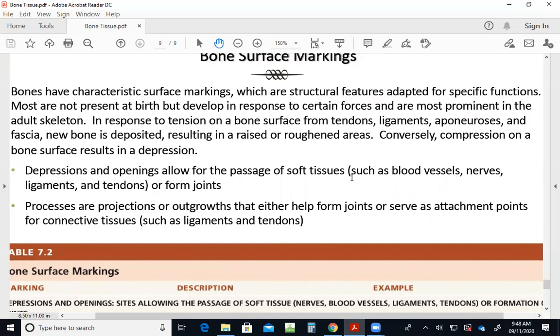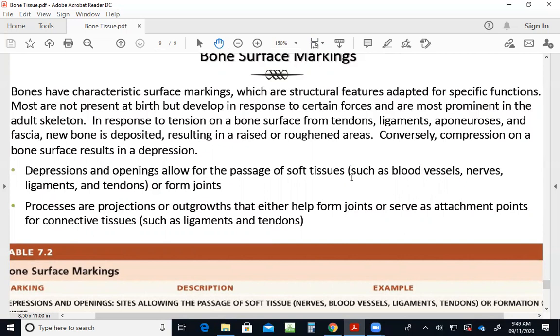Bones have characteristic surface markings, structural features adapted for specific functions. Most are not present at birth, but develop in response to certain forces and are most prominent in our adult skeleton. In response to tension on a bone surface from tendons, ligaments, aponeuroses, and fascia, new bone is deposited, resulting in a raised or roughened area.